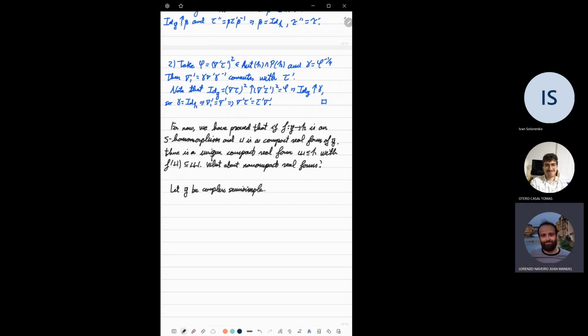And recall that if we take the quotient of the automorphism group of G modulo the inner automorphism group of G, then this was exactly the automorphism group of the Dynkin diagram.